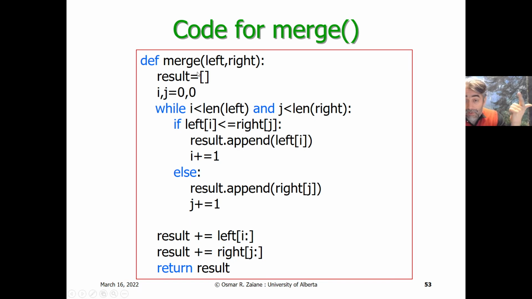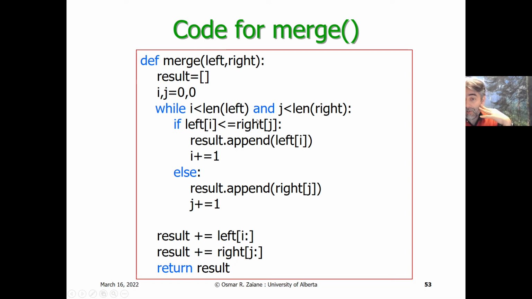So in the beginning, the result is empty, there's nothing there. I start with an empty list, and I have i and j, the current references to the current element in left and right, and I start at 0 for both of them. While i is smaller than the length of left, so I haven't traversed the whole left, and j is smaller than the length of right, I compare the current of the left and the current of the right.